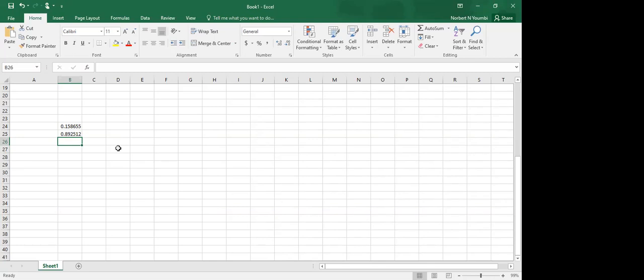So we are going to say that the probability that A is less than Z less than B is equal to the probability that Z is less than B minus the probability that Z is less than A.